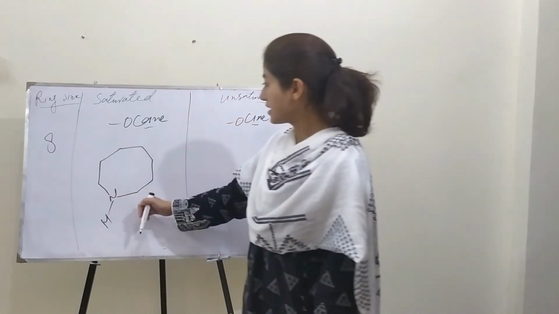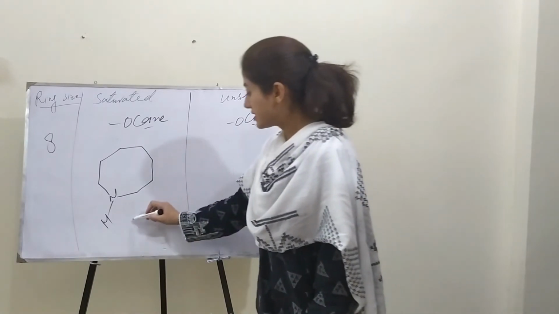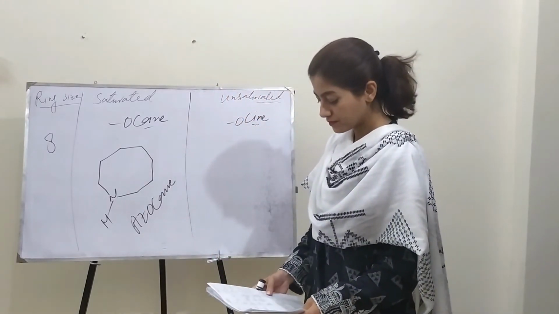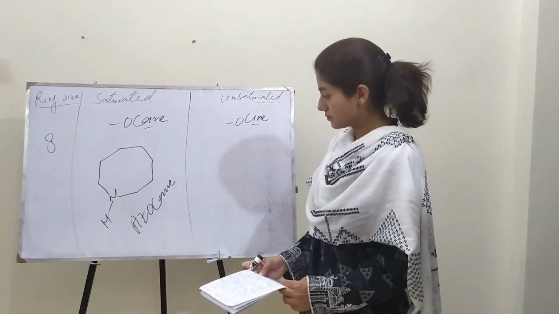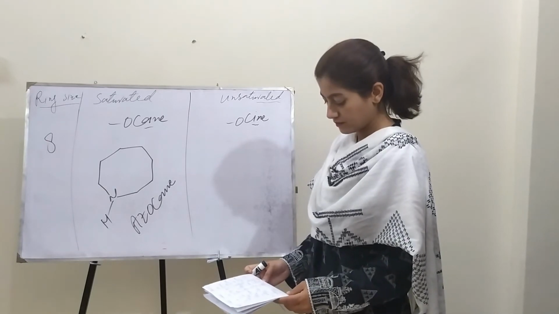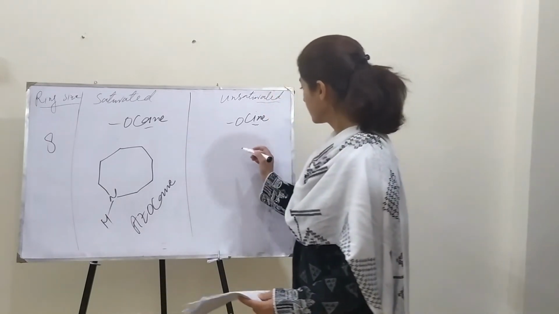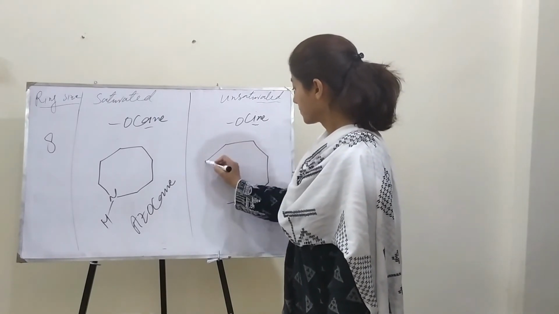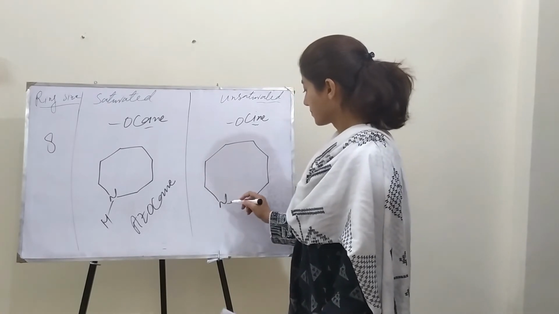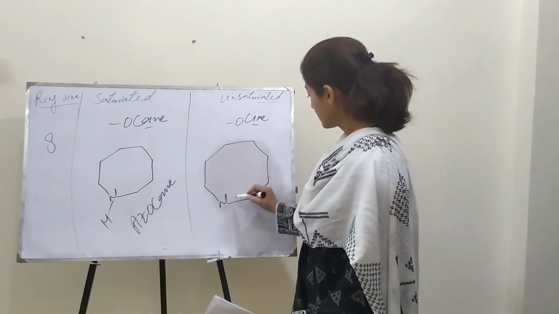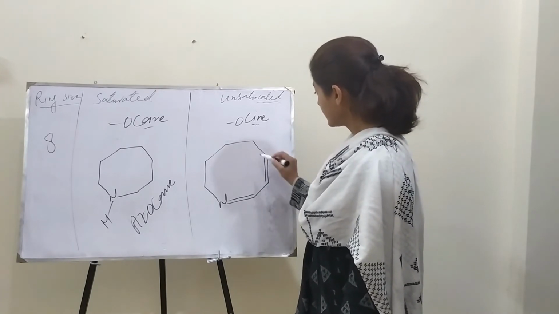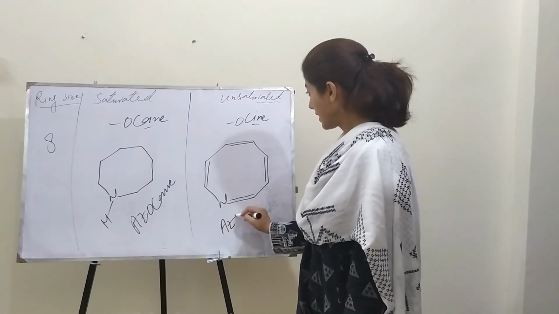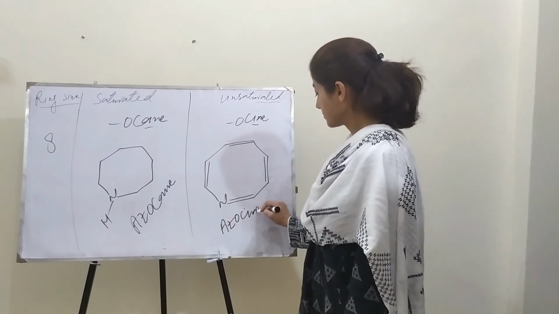Here it is a nitrogen containing 8-membered ring, so its name would be azocane. And in the case of an unsaturated system, when it contains alternating double bonds, its name would be azocine.